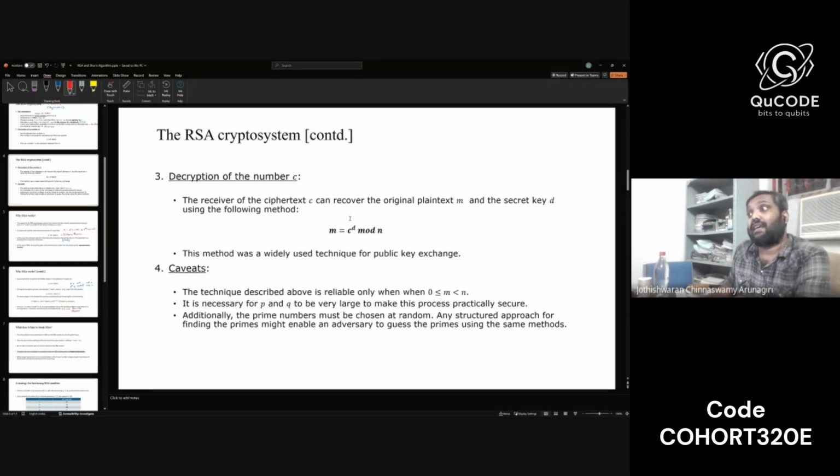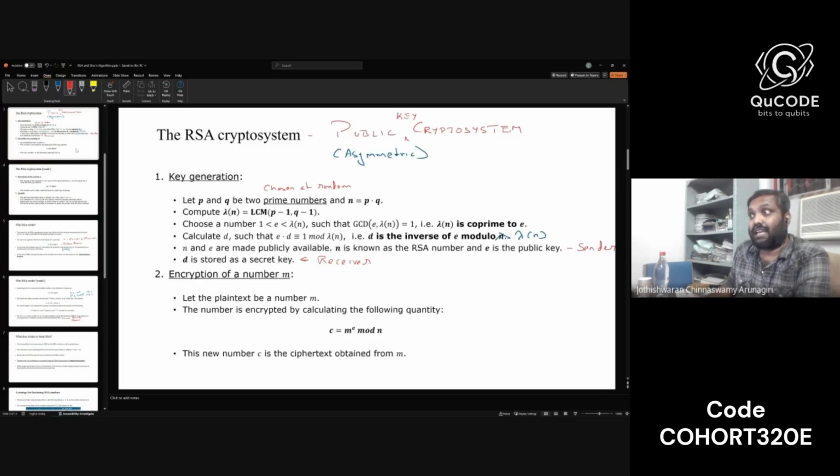Given this ciphertext, if I calculate m to the power e mod n, and I give c, it is actually difficult to find what m is. We know e is publicly available, but we cannot find m because I've already reduced it modulo n.